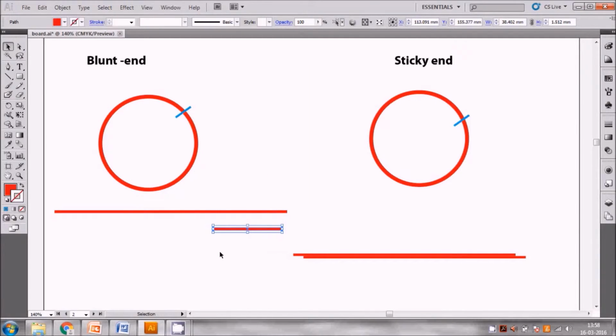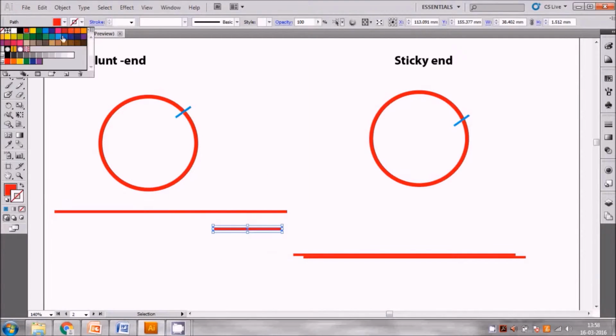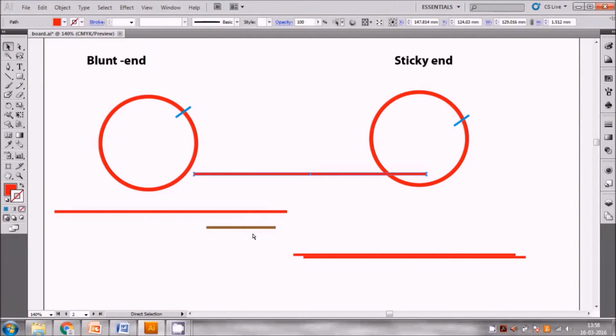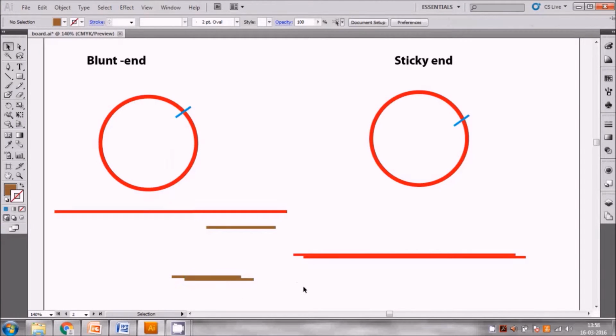Assume that this is the gene of interest which you want to ligate with this, but you cannot ligate it. Nothing can hold it here. When you mix these two DNA, they just float around, nothing will stay. Now take this other example.